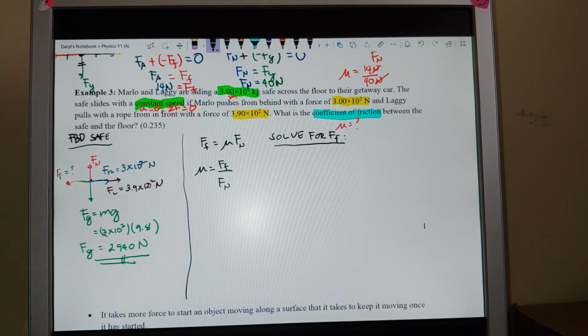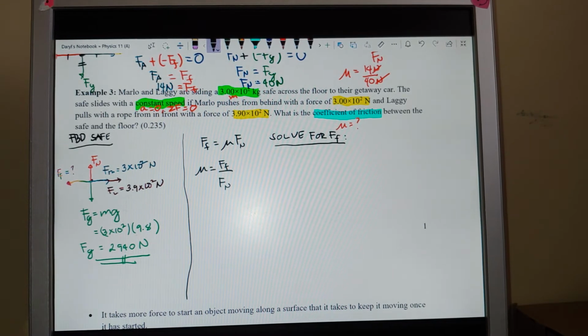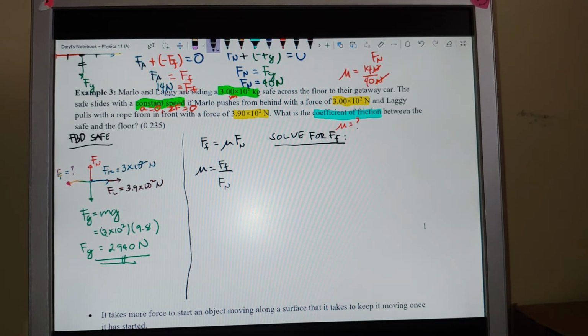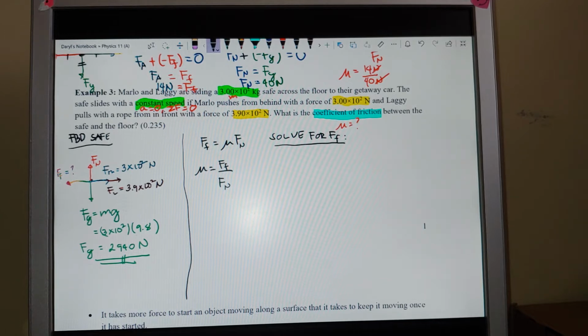So, frictional force. Now, if we're going to look at our free body diagram, that's why we always start with the free body diagram. Frictional force is acting along X. Remember that the acceleration here is equal to 0.